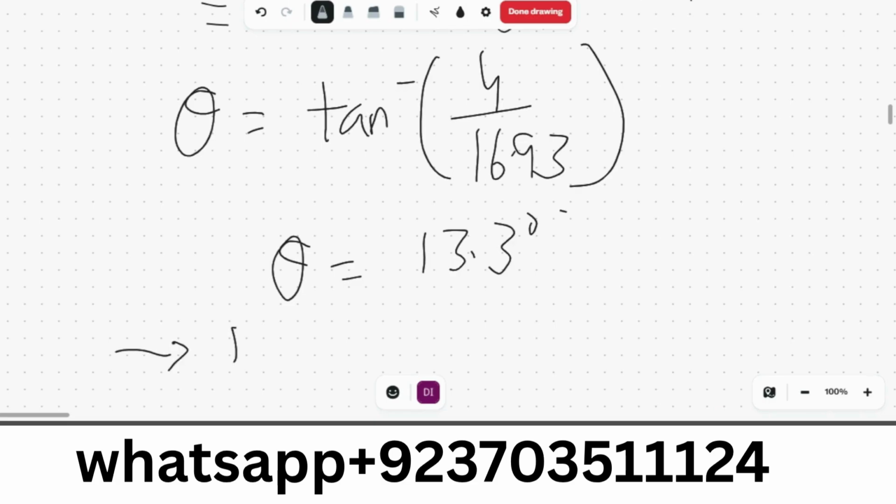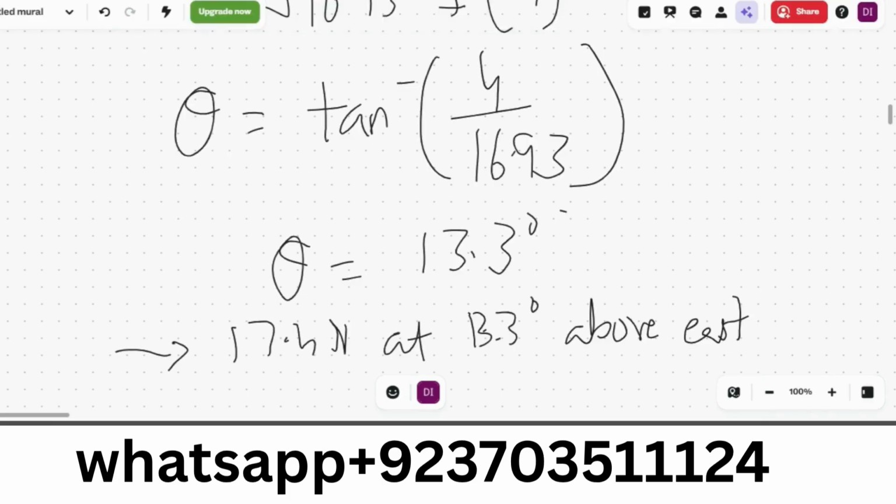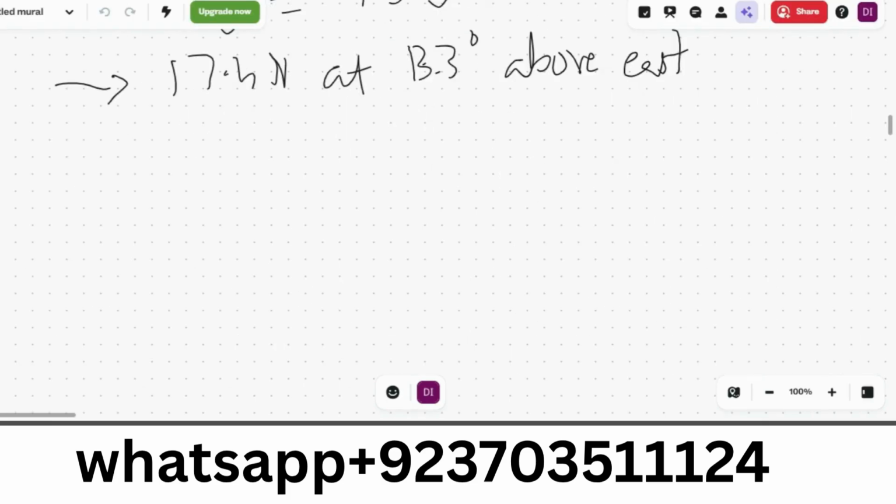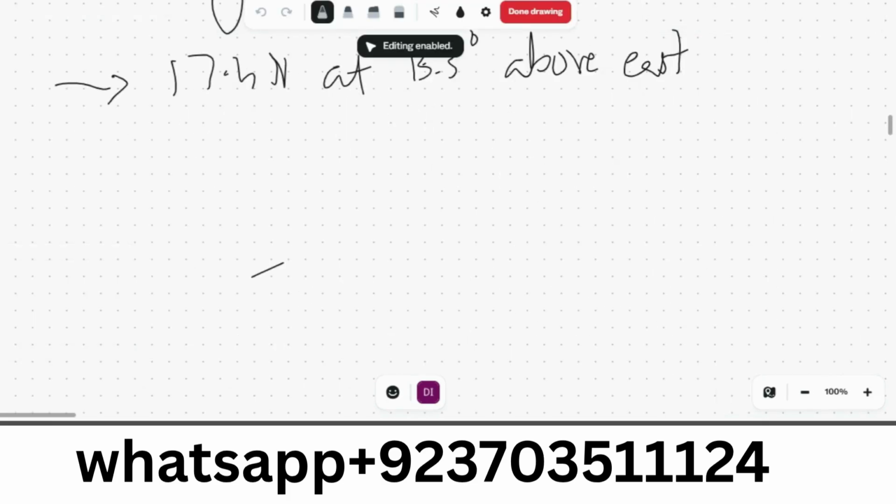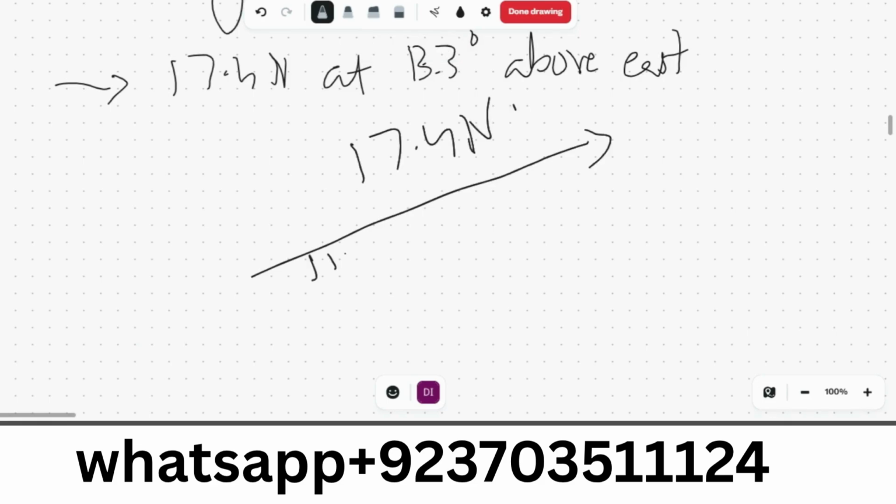So our final answer will be 17.4 newtons at 13.3 degrees above east. If we also want to draw it, it would be like this: that is 17.4 newton, and that is 13.3 degrees from east. That's all about today's lecture. See you in the next one.